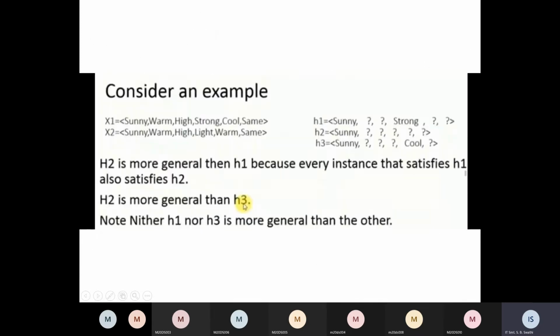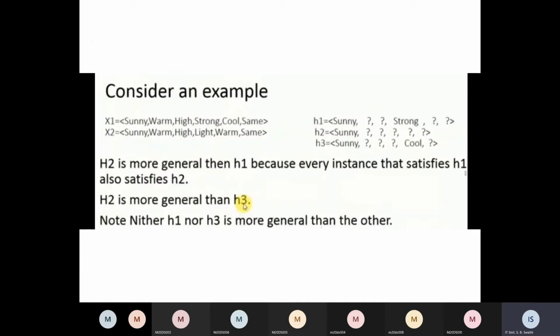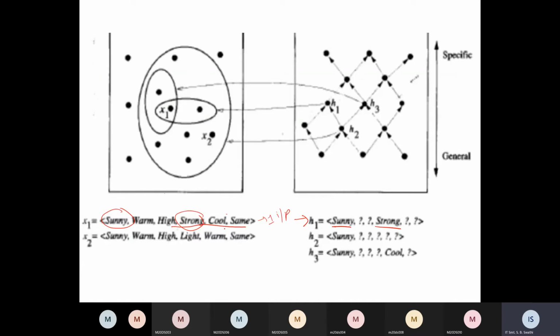Sunny is there here, and strong is also there. So definitely this input will be accepted by the H1 hypothesis. For the remaining warm, high, cool and same, you can give any values; there is no restriction. So H1 will accept this X1.